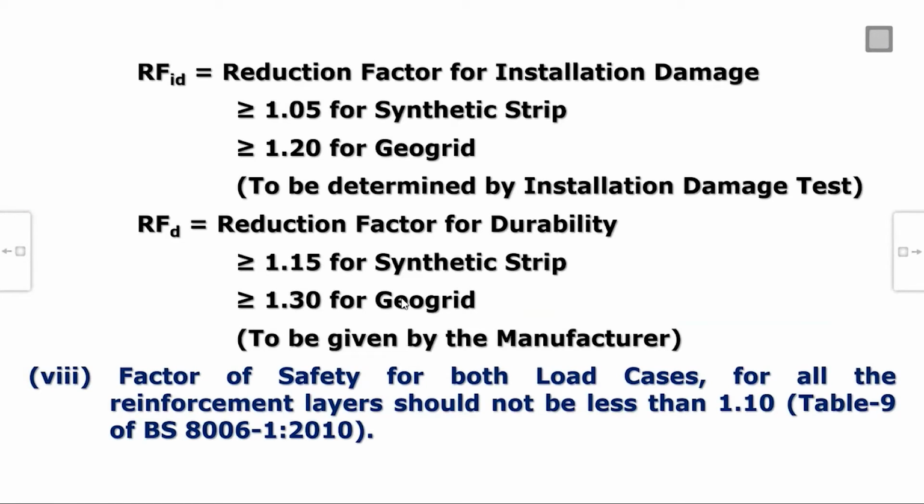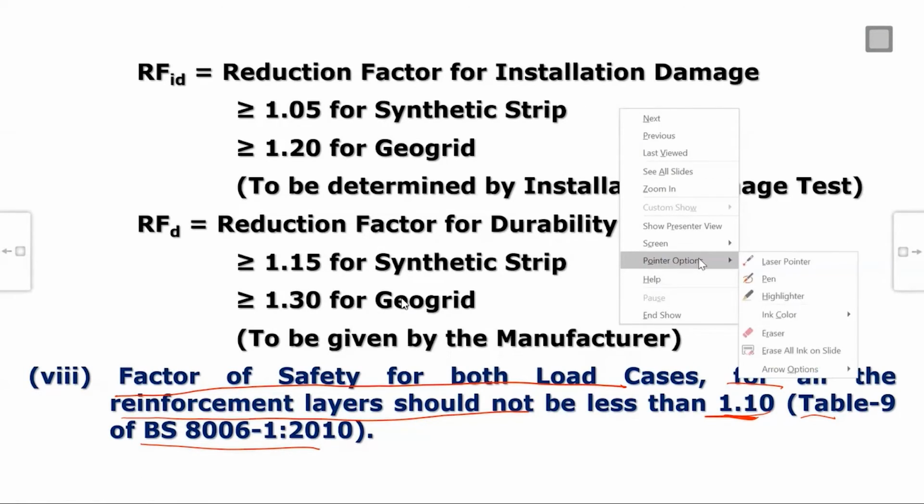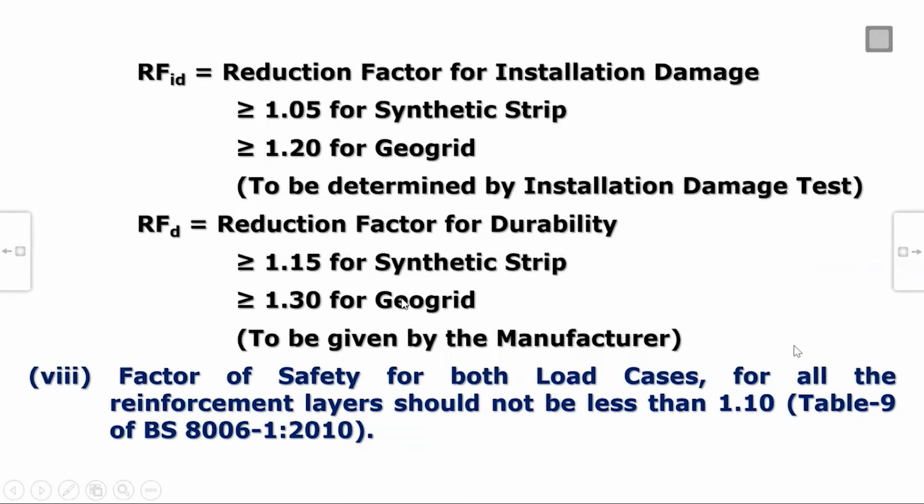And then the factor of safety, which we calculated for tension, for both load cases, that is case A and B, for all reinforcement layers, should not be less than 1.1, which is given in table 9. So this is my tensile rupture check of the strip. First I calculate tension in every strip, and then I calculate the allowable tensile strength divided by tension.